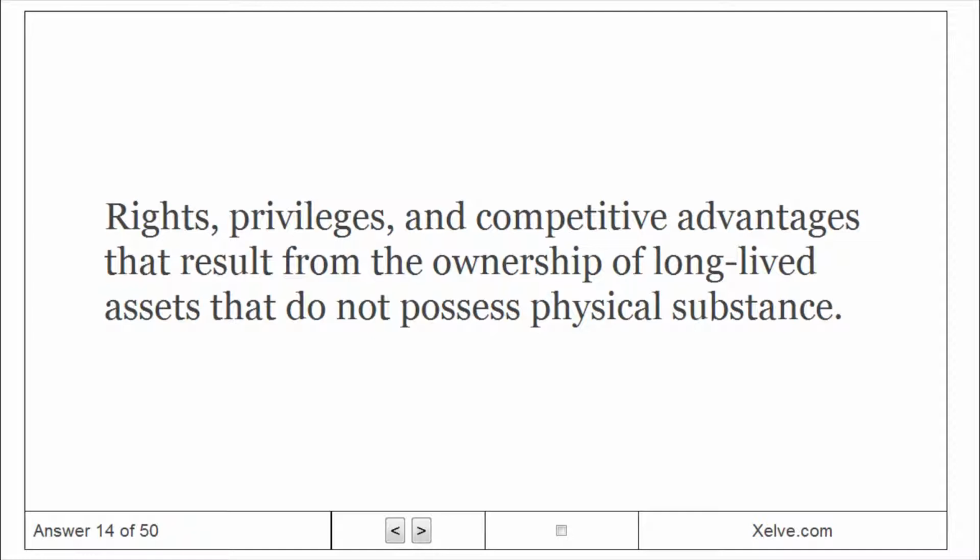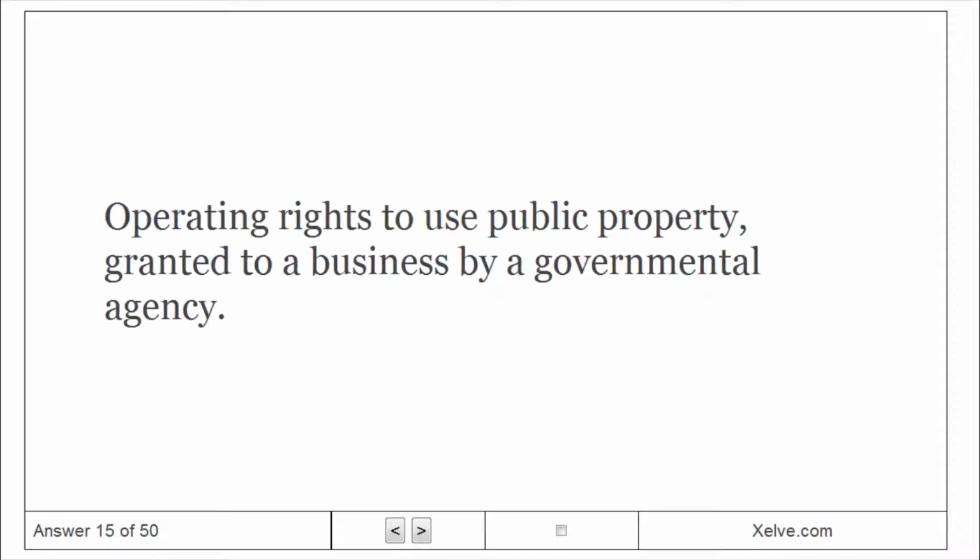Rights, privileges, and competitive advantages that result from the ownership of long-lived assets that do not possess physical substance. Licenses. Operating rights to use public property, granted to a business by a governmental agency.